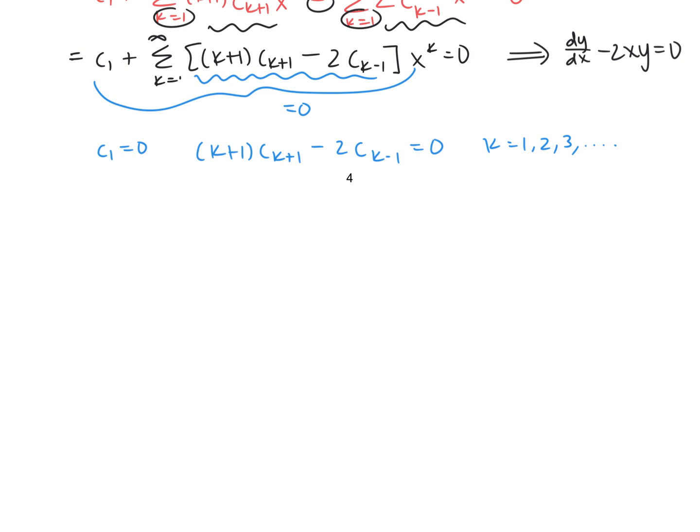So what we're going to do is solve this for c k plus 1. And if we do, it gives us 2 c k minus 1 over k plus 1. And so this you've seen before. This is called a recurrence relation.